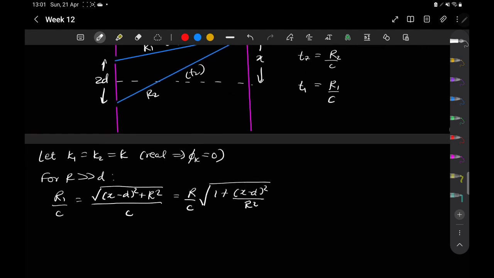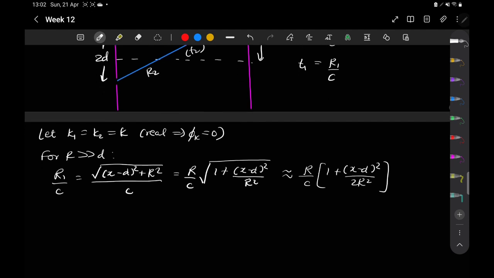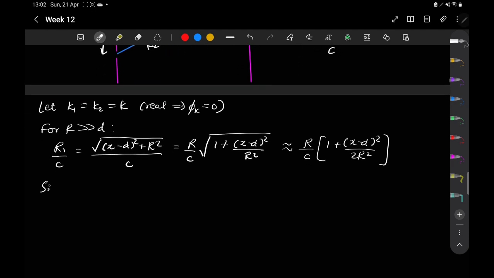And for r much larger than d, by binomial expansion, this becomes the following. Similarly, r2 over c becomes the following.